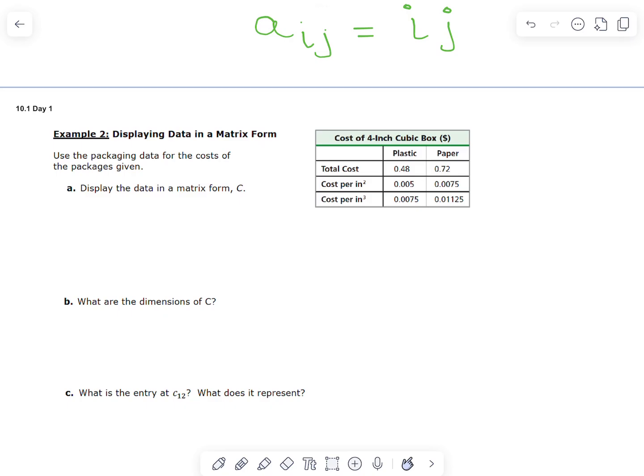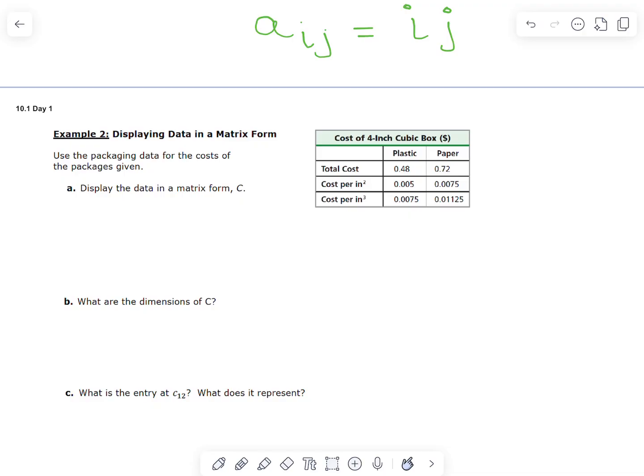So example 2 says, using packaging data for costs of packages given. So the cost of a 4-inch cubic box, and there is plastic and paper, and then there is the total cost, the cost per square inch, and the cost per cubic inch.